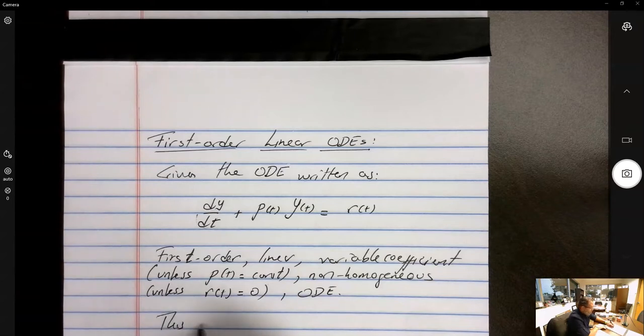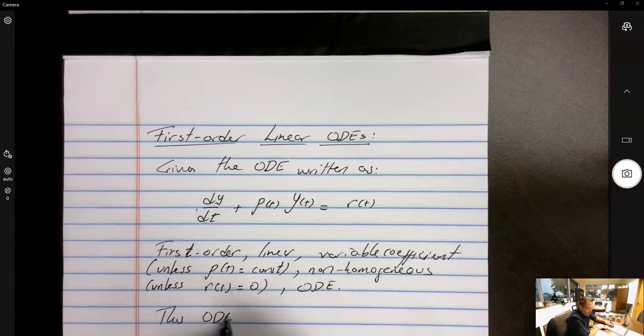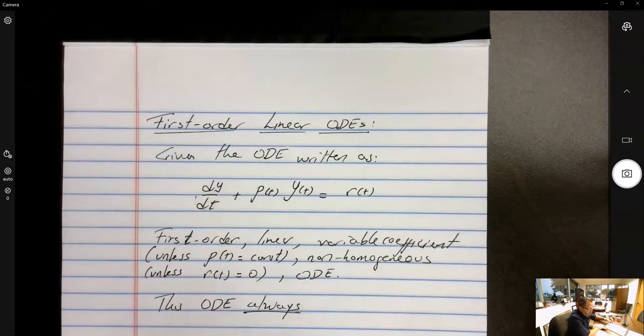These types of ODEs always have a solution given in terms of an integrating factor.